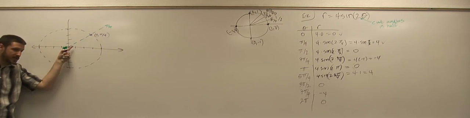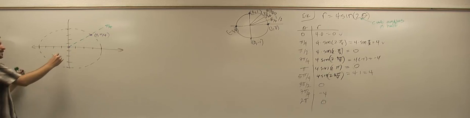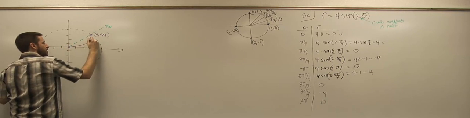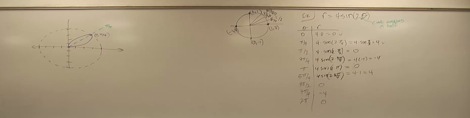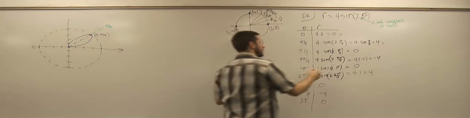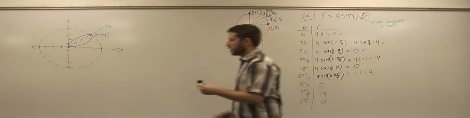Now that's only 2 points, but because I'm expecting a rose with 4 petals, that tells me I'm going to look like this. It looks like it's going to repeat in all 4 quadrants like that. Exactly. If you move on, 3 pi over 4, -4.